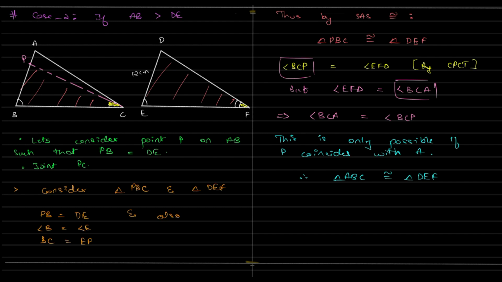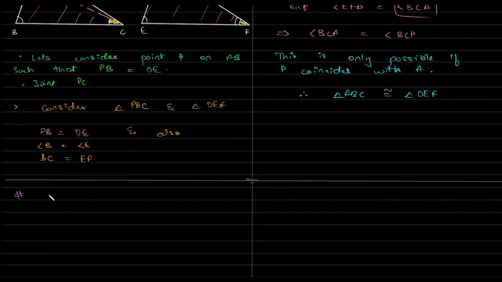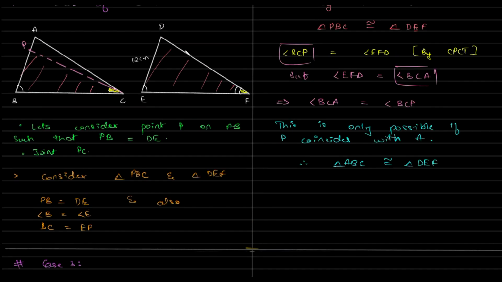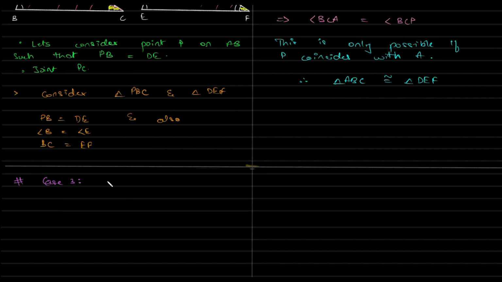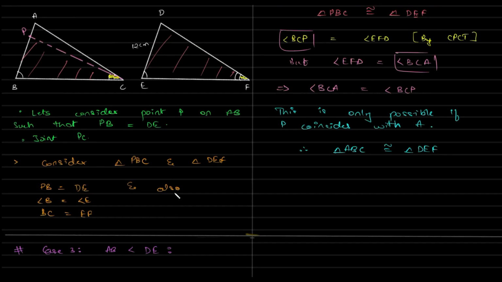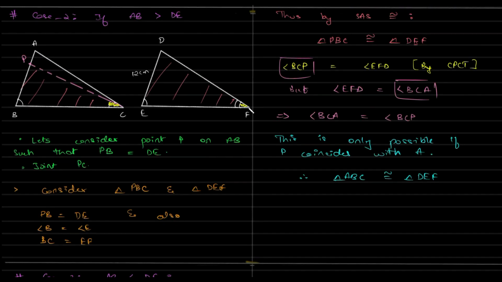Now the last statement, okay, so last case, let me write it over here, neat. Case 3, DE can be bigger than AB. That's the third case. If not, AB is smaller than DE, right? So this is case 3. So how do we prove it? Similarly, all you have to do is construct a point P over here.